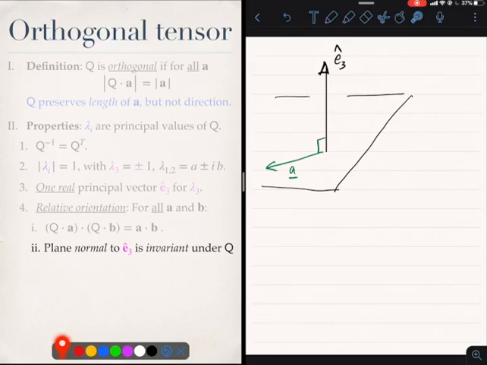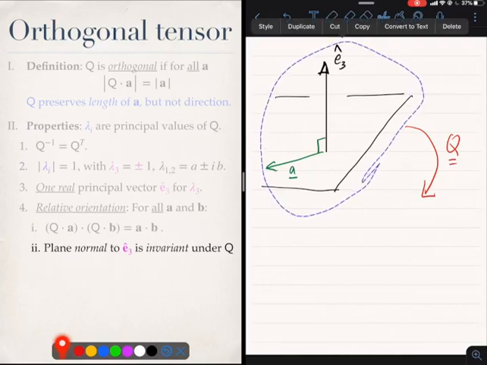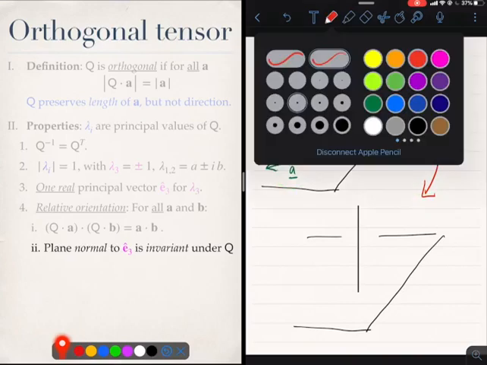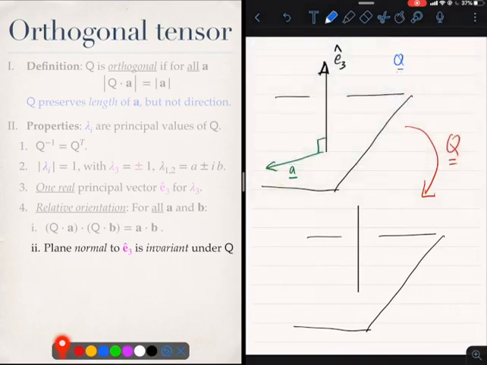What we have just learnt is that when Q operates on this, we must get back... Let me just copy and paste the image again. So when Q operates on E3 and A, what will happen? Well, we know that Q dot E3 is lambda 3 E3, which is plus or minus 1 times E3.